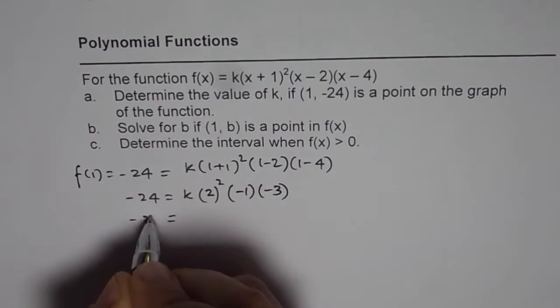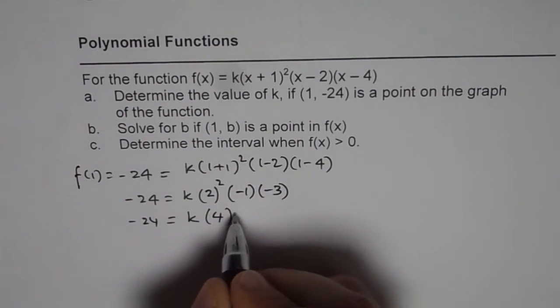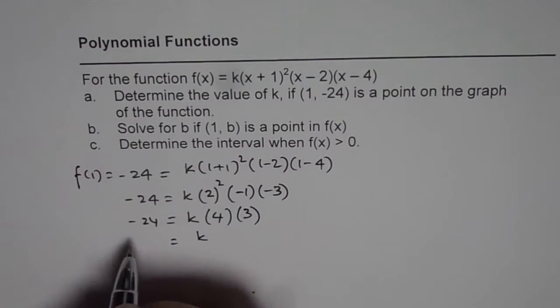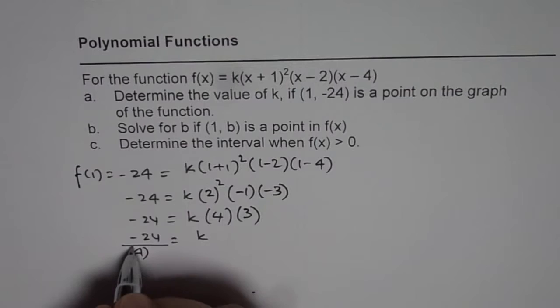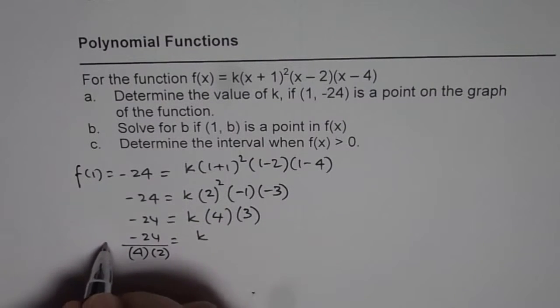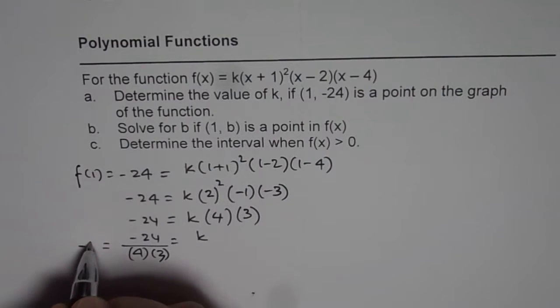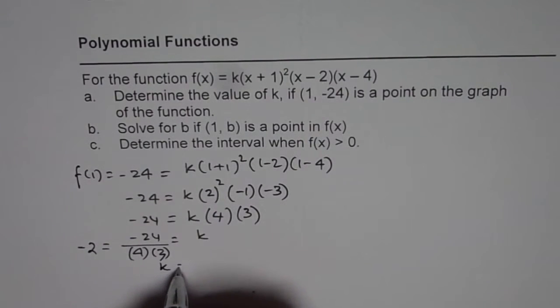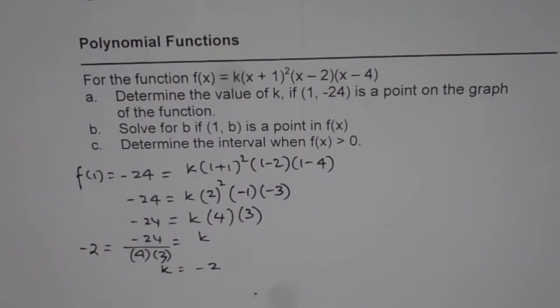So minus 24 equals k times 4, times plus 3. So k equals minus 24 divided by 4 times 3. 4 times 3 is 12, so that gives us minus 2. So k is minus 2, correct? So k equals minus 2. That is part A. So we know k now.